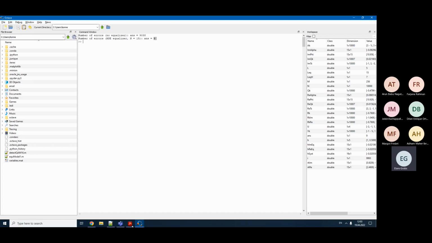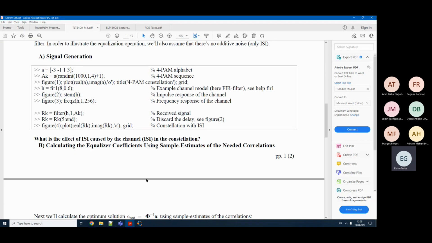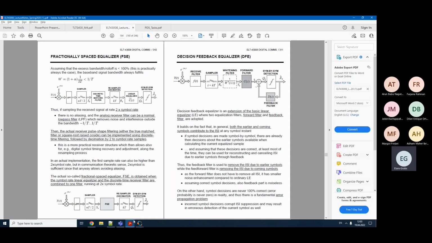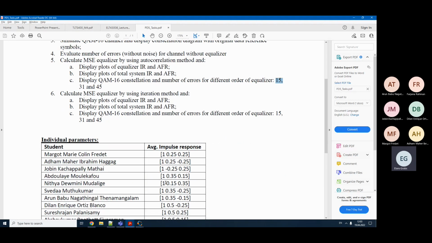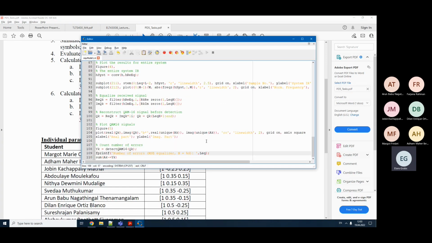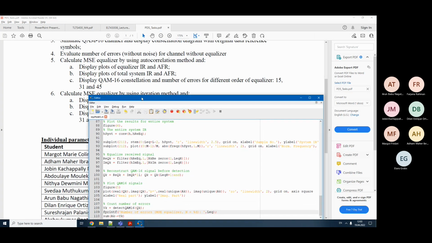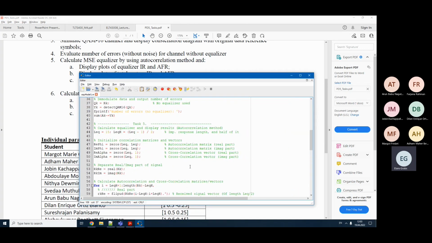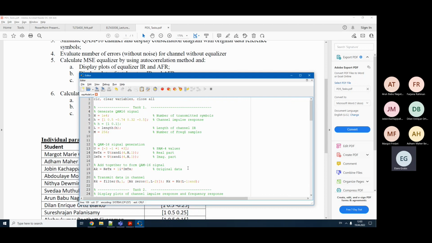Obviously, if we increase this equalizer length, the length of the impulse response, we should expect even better results. So let's see what lengths there were: 15, 31, and 45. So let's try 31 and 45. So that would be LEQ at the beginning.